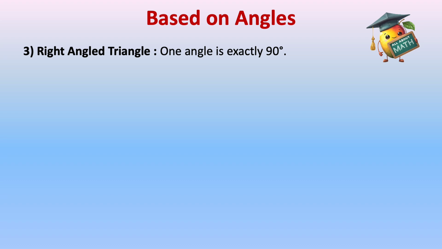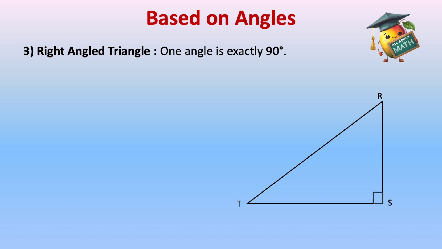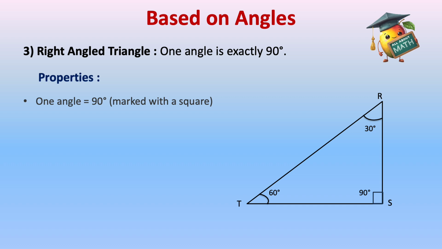Now right angled triangle, one angle is exactly 90 degrees. So here the figure will be like this. So one angle, that is angle S, is equal to 90 degrees, and the other two angles could be anything else, that is one is 60 degrees, another is 30 degrees. So property: one angle should be 90 degrees, which is marked with a square.